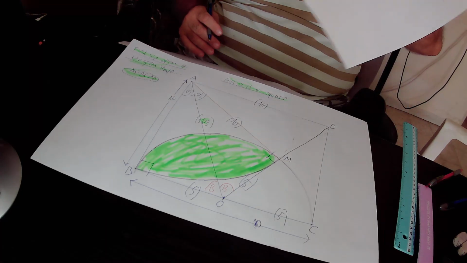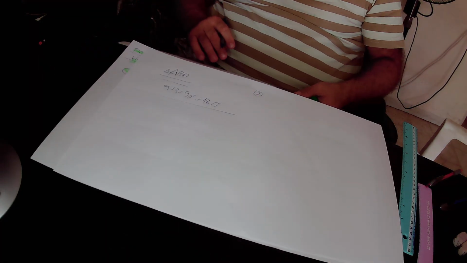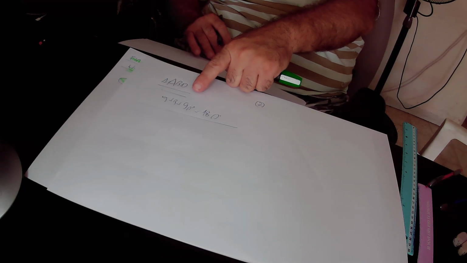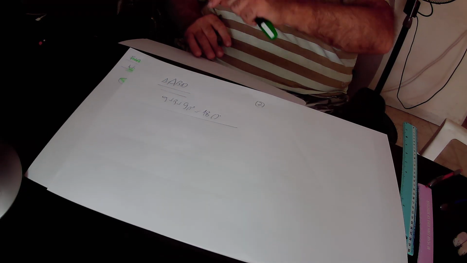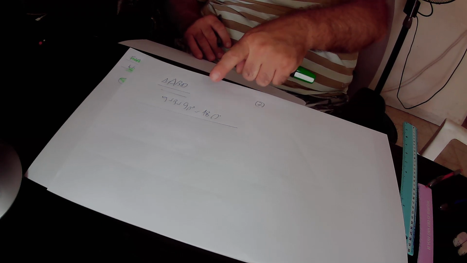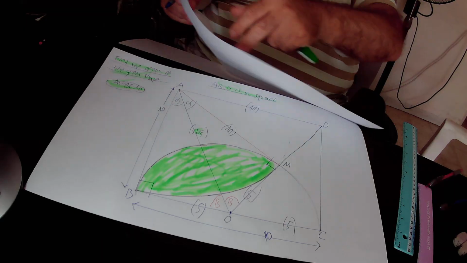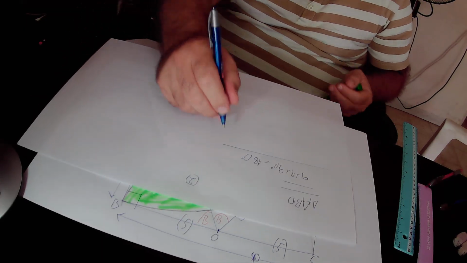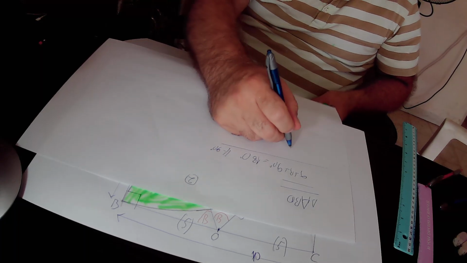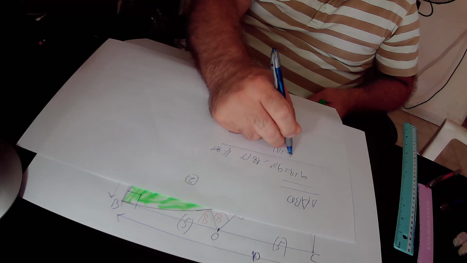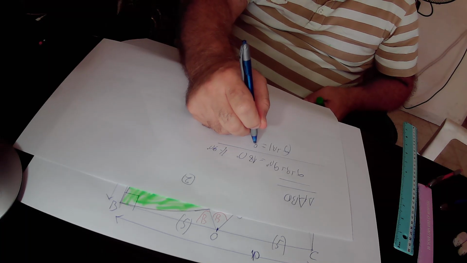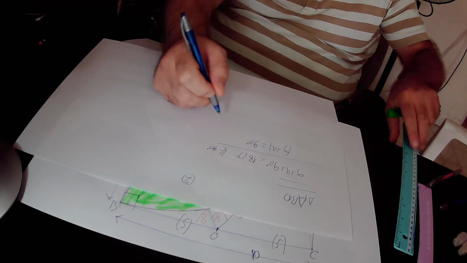In the right triangle ABO, alpha plus beta plus 90 degrees must be equal to 180 degrees. Here we subtract 90 degrees from this equation, and we get that alpha plus beta equals 180 degrees minus 90 degrees, which is 90 degrees.